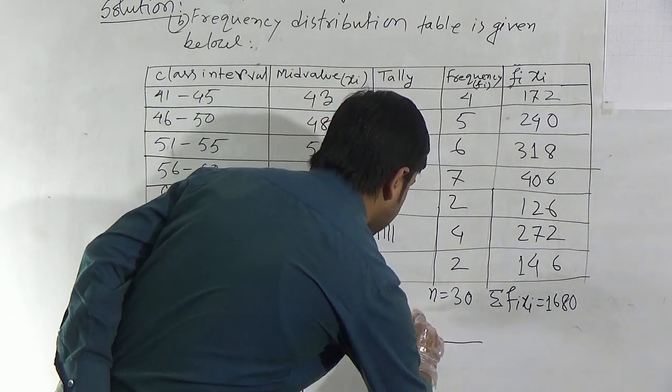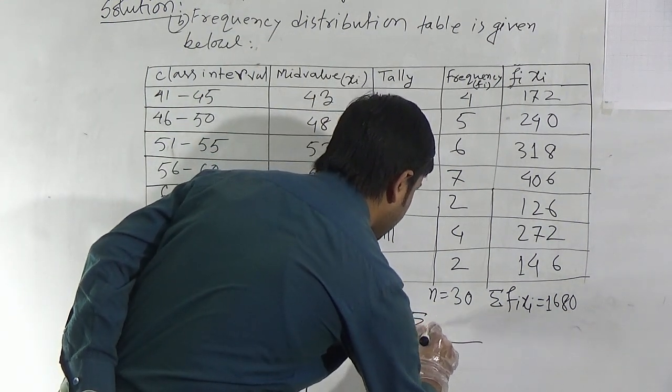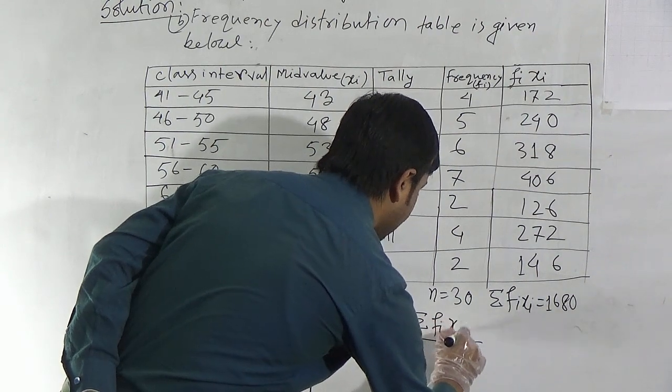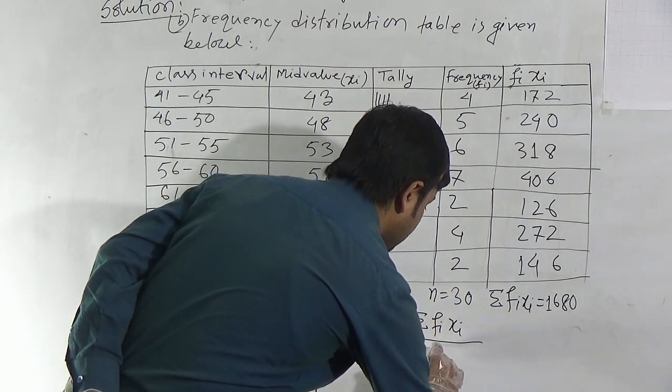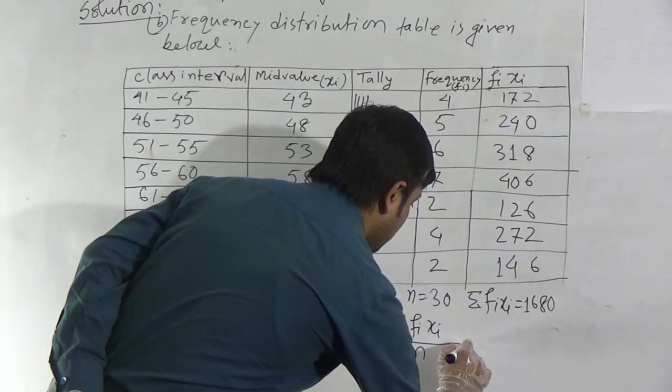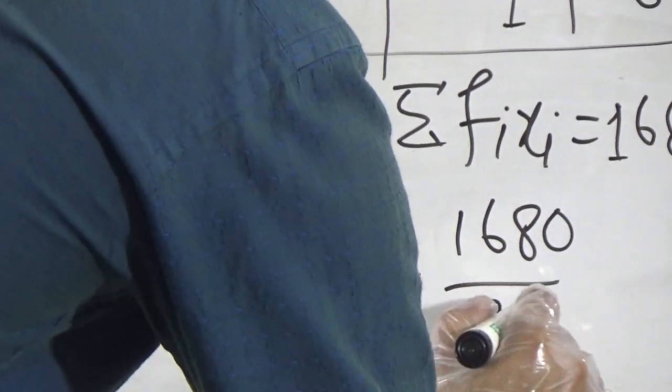We know the formula: summation of Fi xi divided by n. Here put the value, summation of Fi xi means 1680. Now we have to divide by 30.